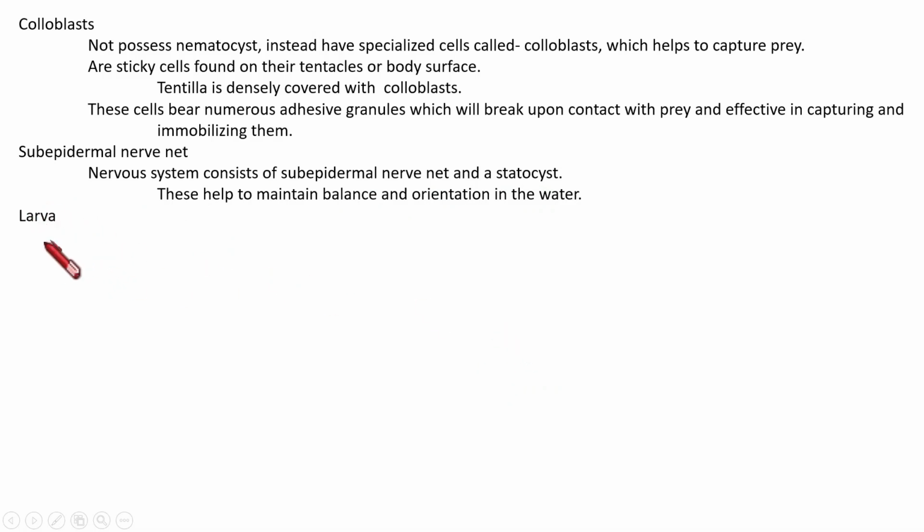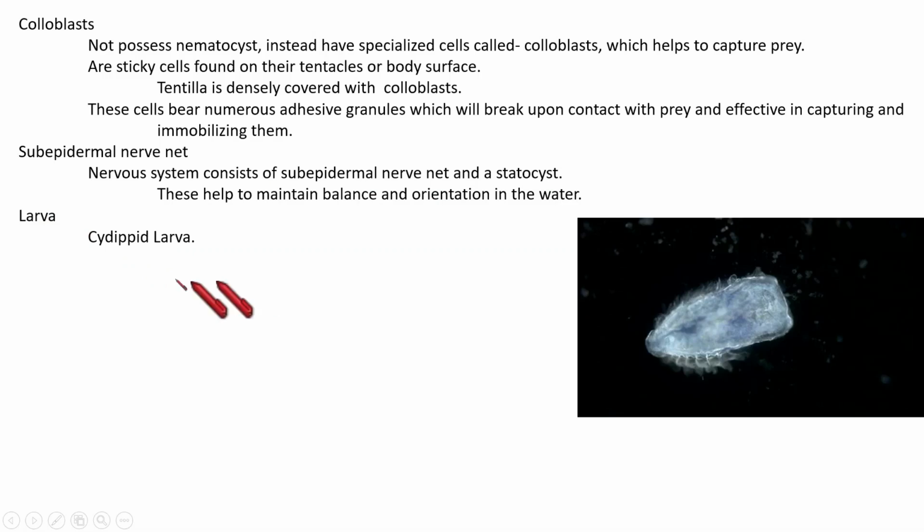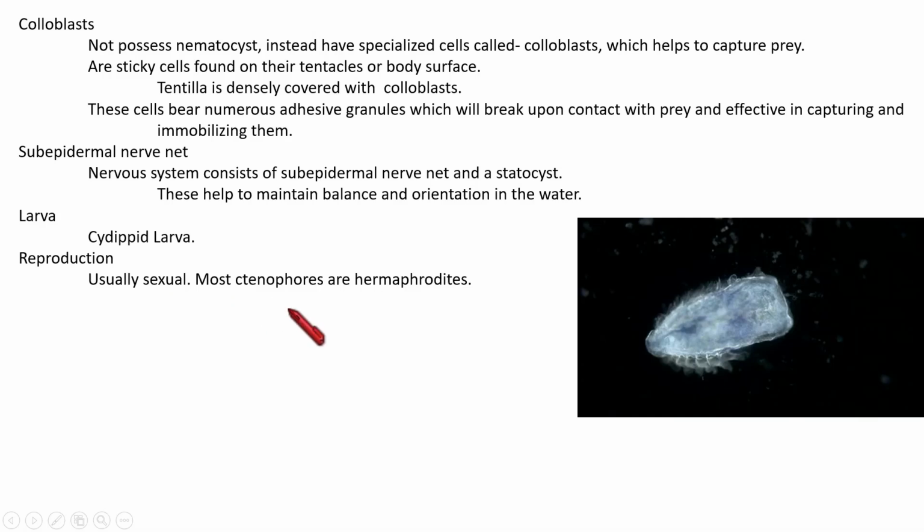And ctenophores also possess a larva. Its name is cydippid larva. Its picture is shown here. And regarding reproduction, they usually reproduce sexually. Most of the ctenophores are hermaphrodites. Hermaphrodites, I think you know what a hermaphrodite is.